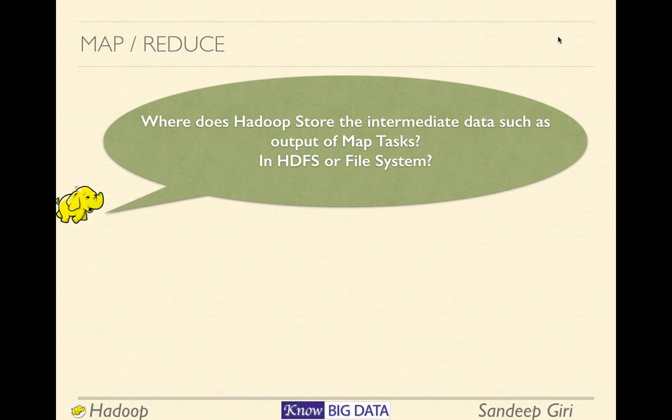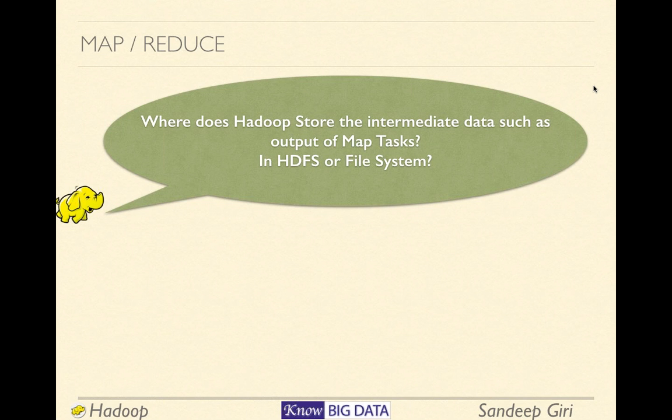Where does Hadoop store the intermediate data, such as the output of the map task, in HDFS or the file system? Perfect, Tuhin.